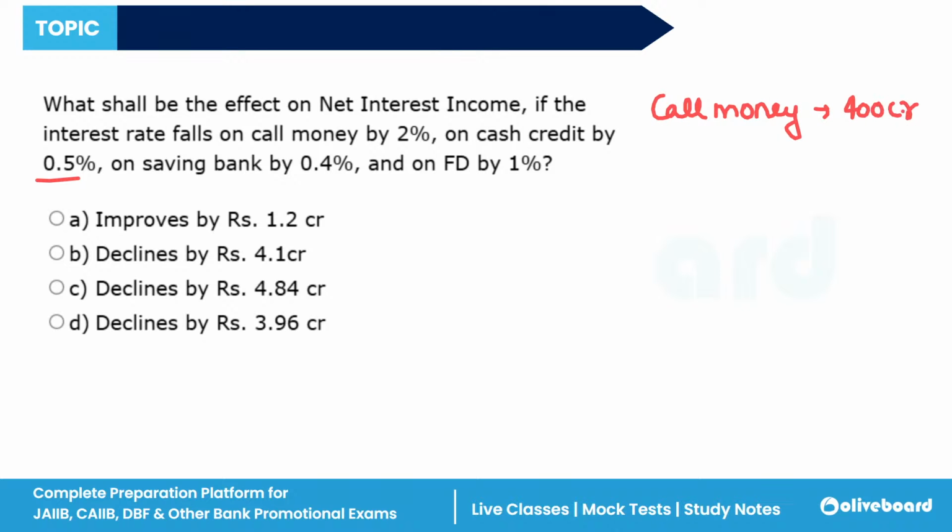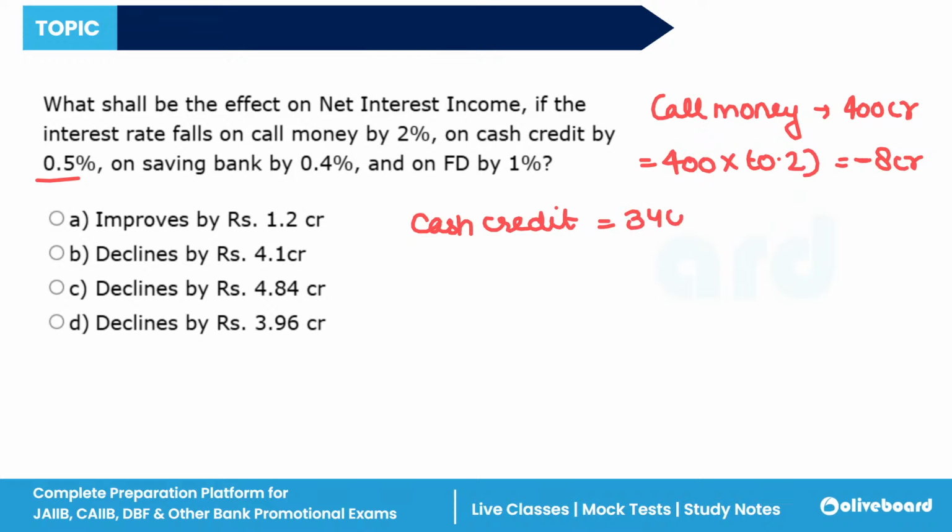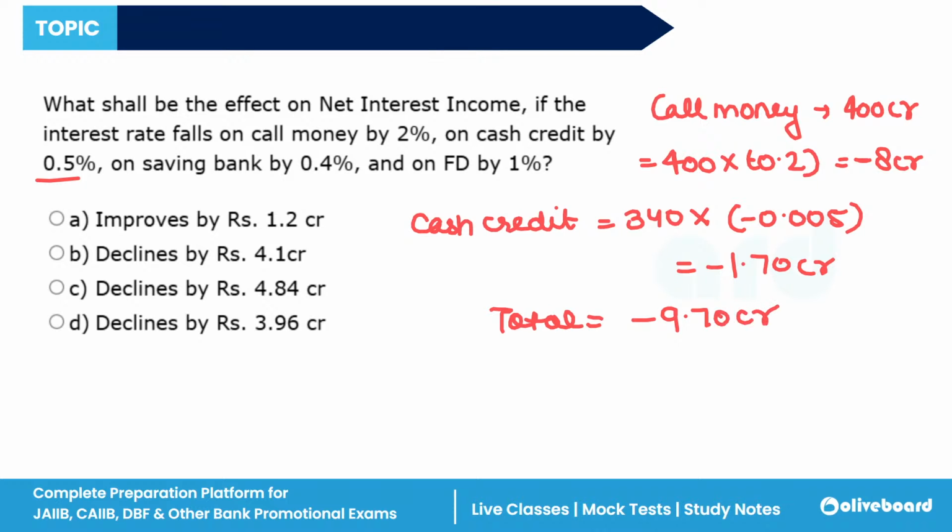That means 400 crore multiplied by 0.02 in negative, which equals negative 8 crore. Then cash credit amount is 340 crore, and 0.5% means minus 0.005, which equals negative 1.70 crore. So here the total amount is negative 9.70 crore. Now this is the asset income change.